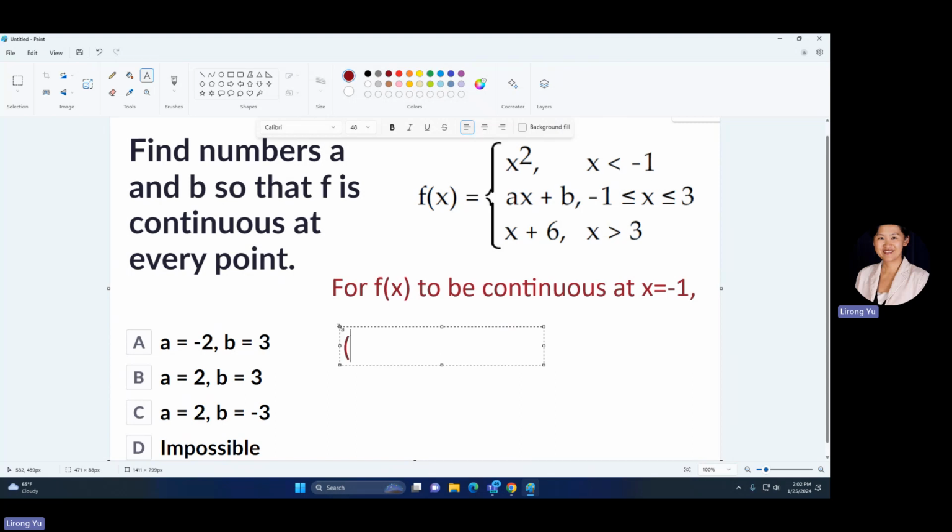The left hand limit is -1 squared, following the x squared for the left hand limit. That actually equals 1, right?